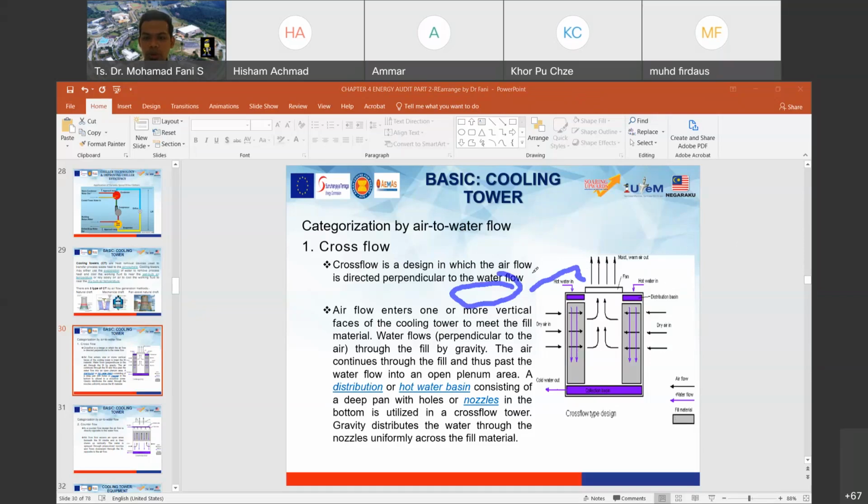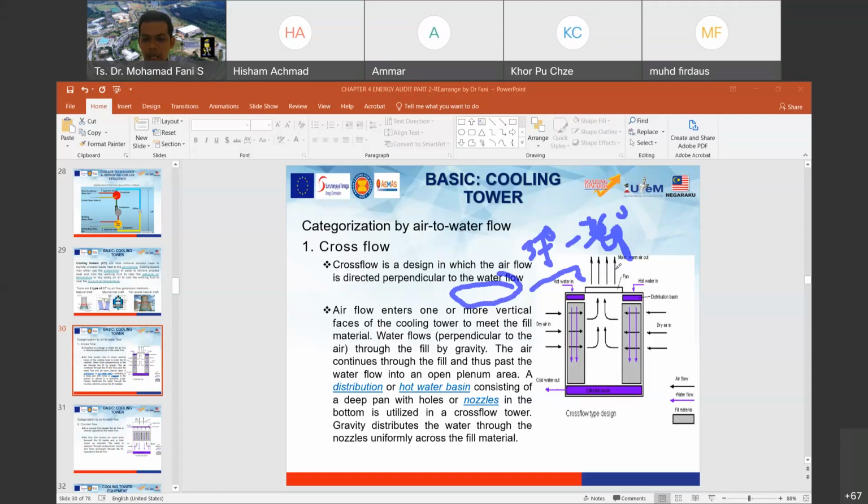I did mention the temperature as well, about 37 to 39. Frequently we can find this temperature from the chiller to the CT.